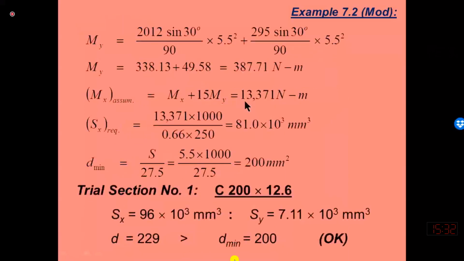So Sx required will be bending moment divided by bending strength, which is 0.66 Fy. This moment is in Newton meter, so we need to convert to Newton millimeter by multiplying with 1000, because the unit for stress is Newton per millimeter square. So Sx required is coming out to be 81 into exponent 3.